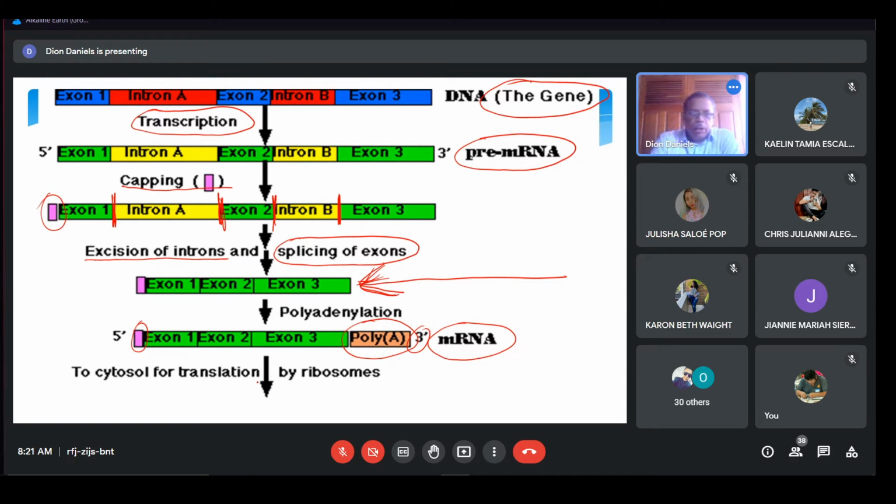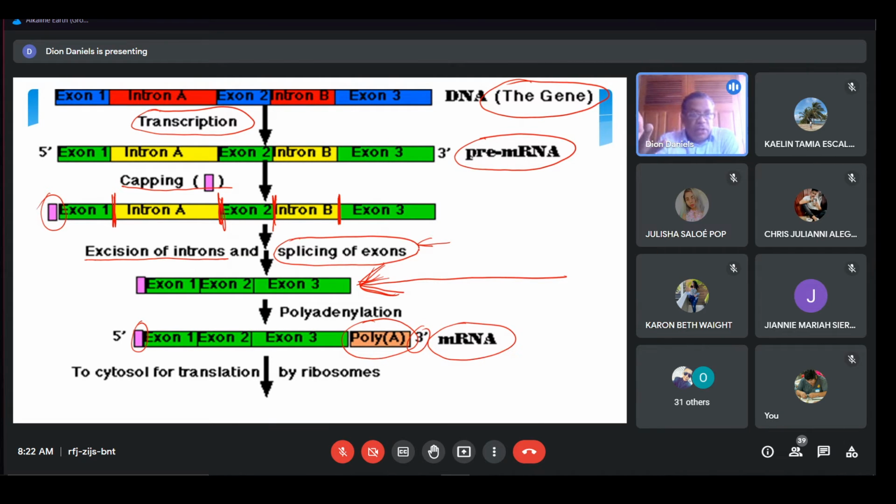All right? So folks, what I'm explaining takes place only in eukaryotes. Remember we said that for splicing of exons to occur, the small nuclear RNA plays a key role in recognizing splice sites, and that is the reason why small nuclear RNA are only found in eukaryotes.